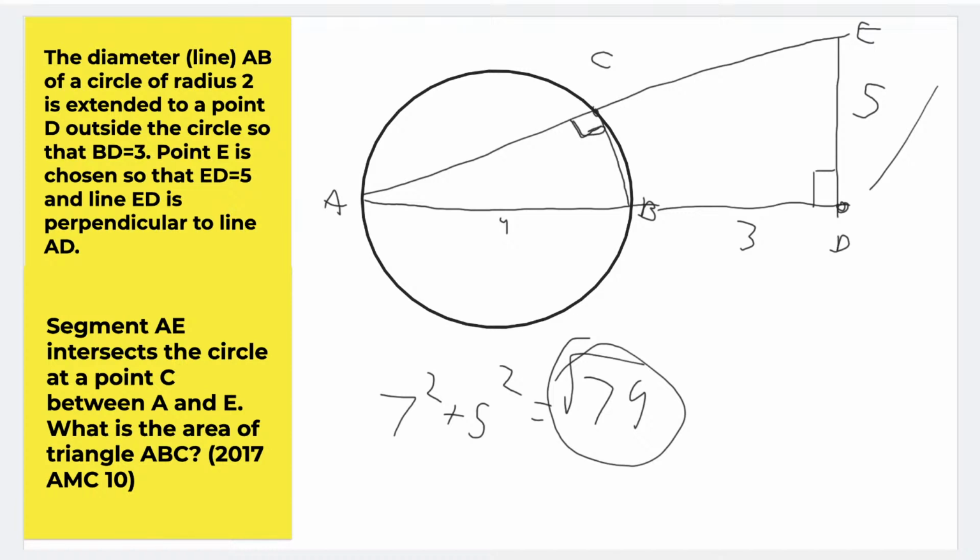And we know that these are similar because this angle of ACB is also used by this other bigger triangle. And there's another thing I forgot to tell you guys about. If two triangles are similar, the ratio of the areas is the ratio of any of the side lengths squared.